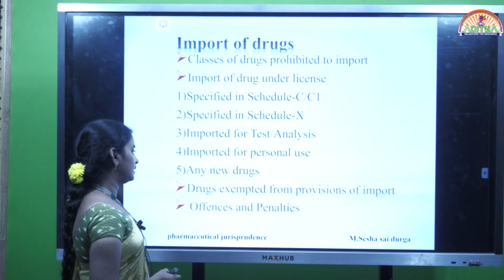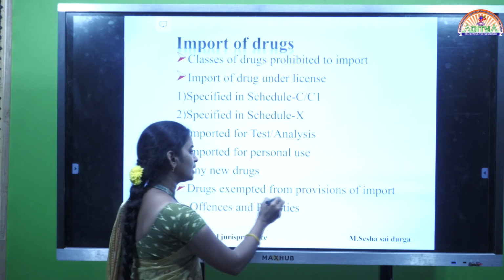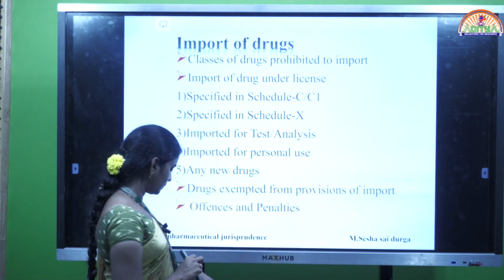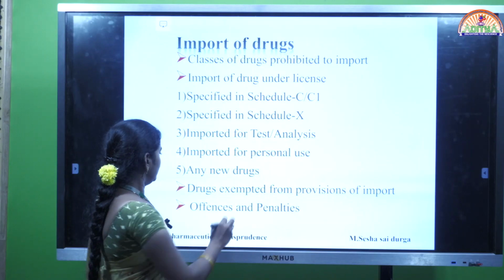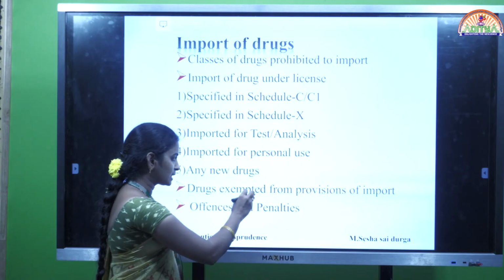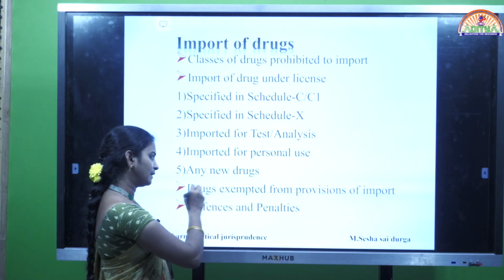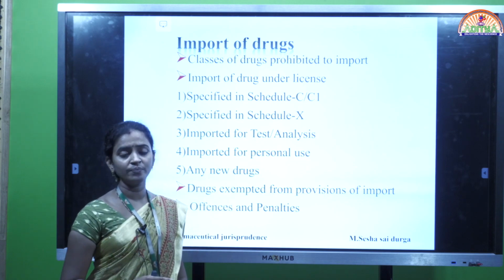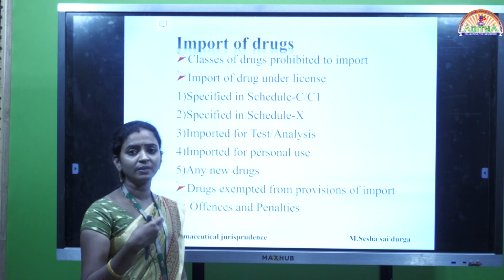And next category is drugs exempted from provisions of import. Exemptions means these types of drugs which come under this category, no need to obtain any license. Without a license also we can import them from other countries.